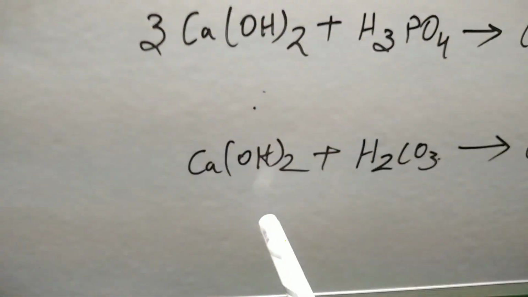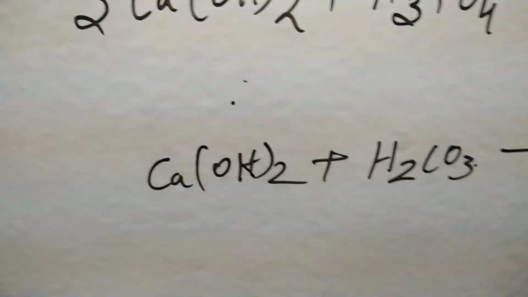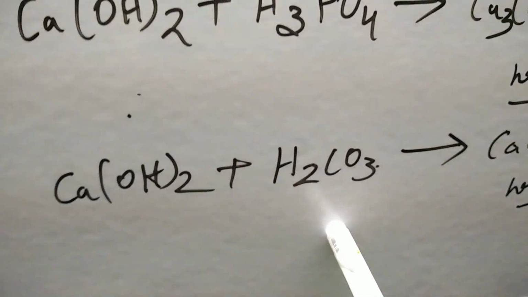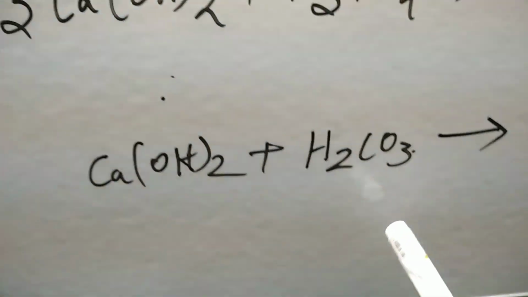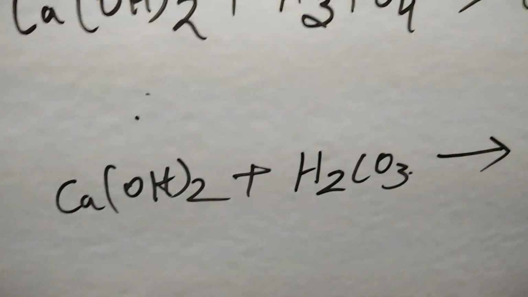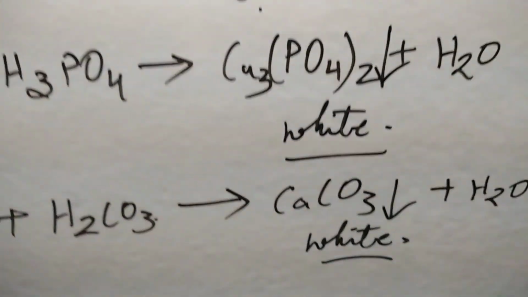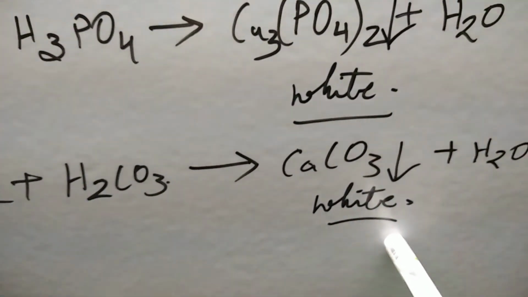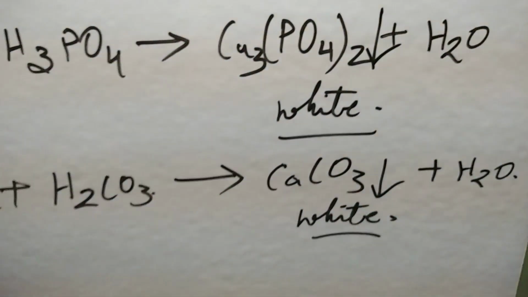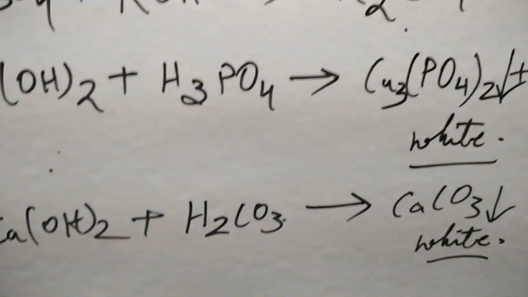See, calcium hydroxide is a strong base and this carbonic acid is a weak acid, and when they react it forms a basic salt, calcium carbonate, formed as a white PPT. Okay students, you will see more examples of neutralization reaction in the acid base chapter.